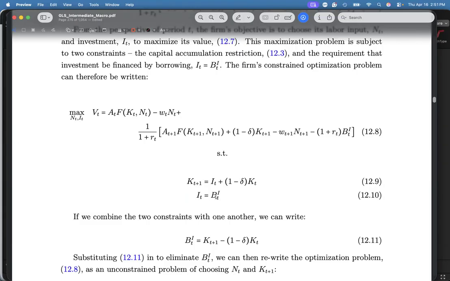Which means actually, pag sinaksak mo siya dito, what you're really playing with is not just the N, it's not even the I, it's the B, right? Because the I is just the B. And then that's why what you're really trying to do here is choose the decision on how much to borrow, because how much to borrow is essentially how much you want to invest, which will bring resources into the future.